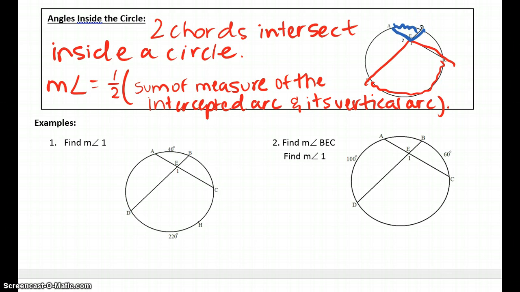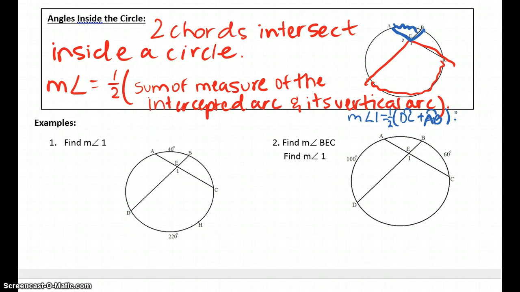So if I were to write how I was going to find the measure of angle 1, I would be taking 1/2 times arc DC plus arc AB. And that's how you find the measure of an angle inside the circle that is not at the center.